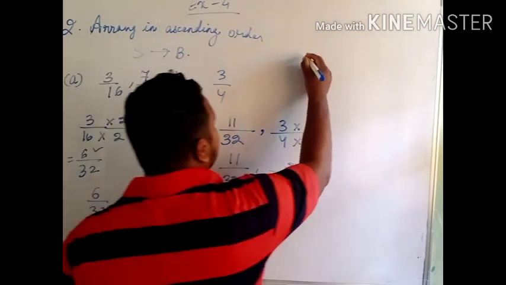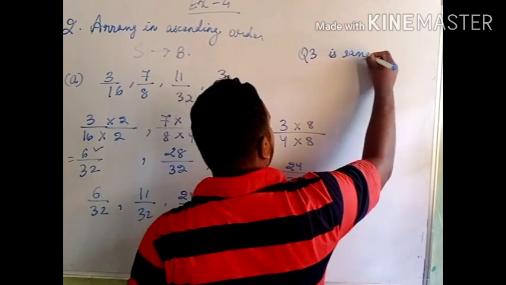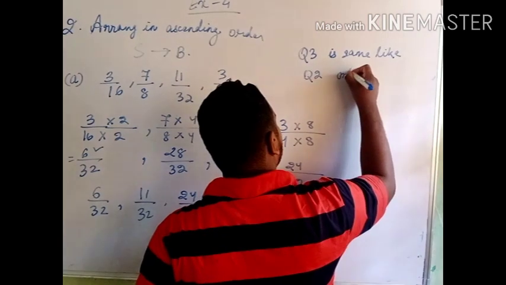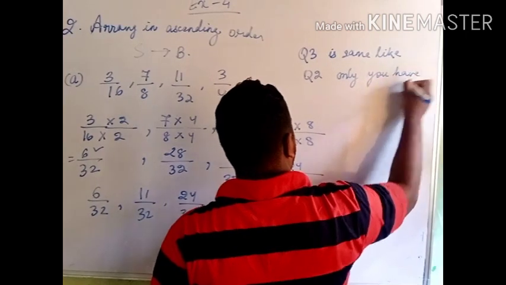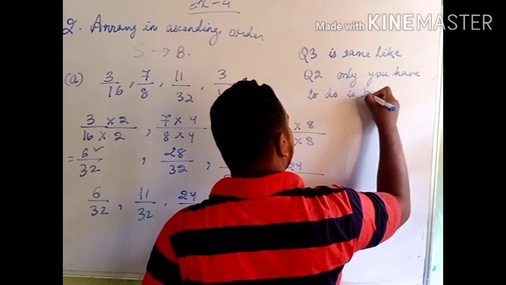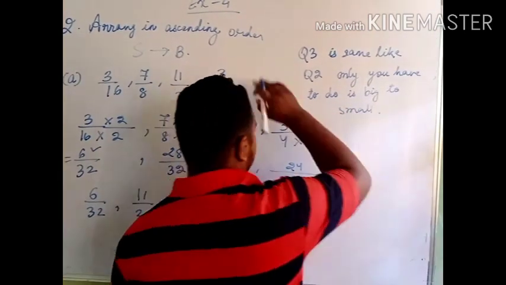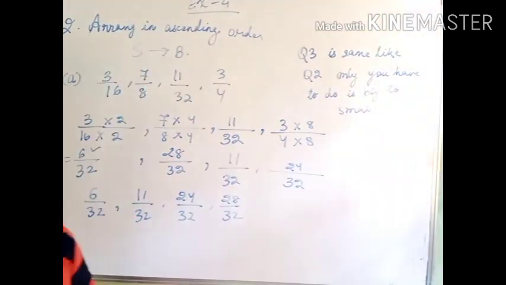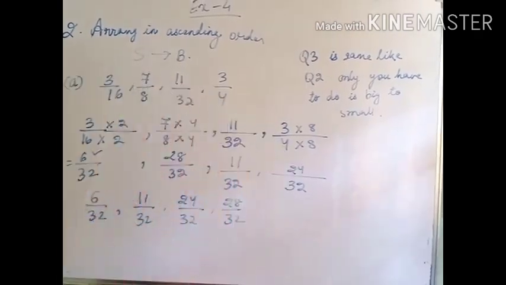So here I am writing, question 3 is same as question 2, only you have to do big to small. Same process, same as this process. Okay, try this one. If not, you can answer me or you can call me. I'll make you understand. Okay, thank you.